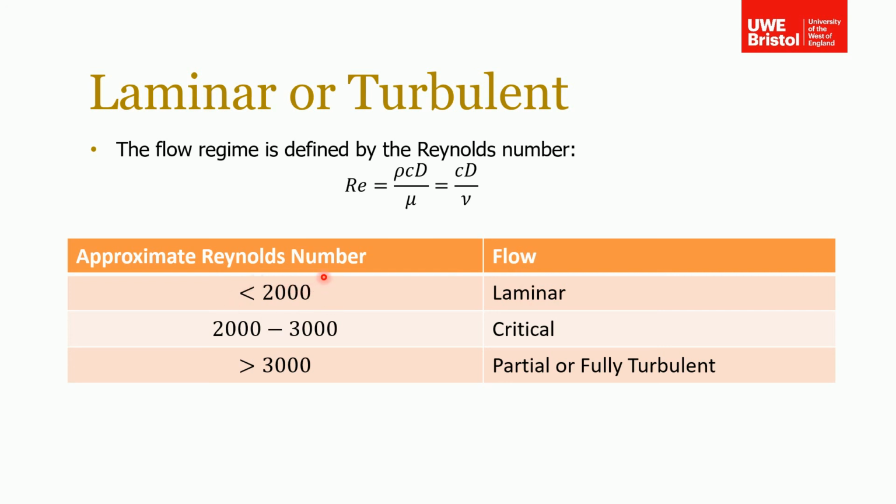You can use this as a threshold to determine which flow regime you've got, and this is important in terms of the pressure loss, and we'll talk about that later on in this lecture and in the next lecture. Now, if the Reynolds number is between 2000 and 3000, then the flow is in this critical transitional region. But once it gets above 3000, then it's either partially or fully turbulent flow.